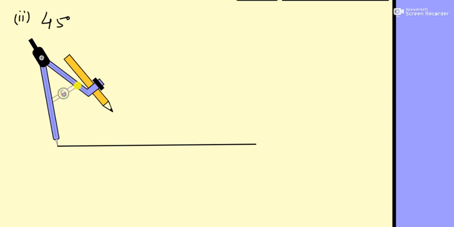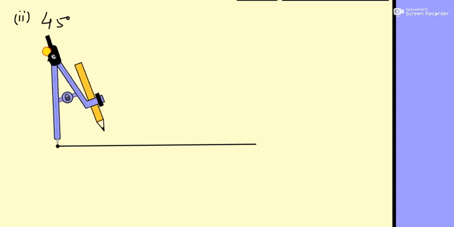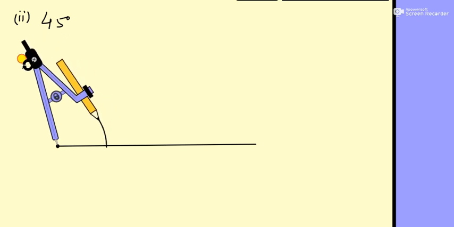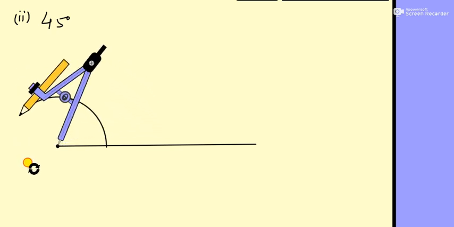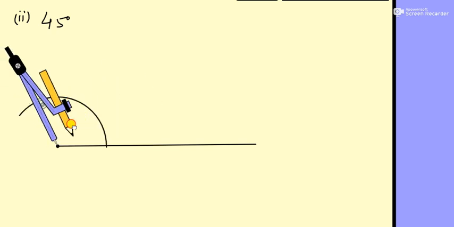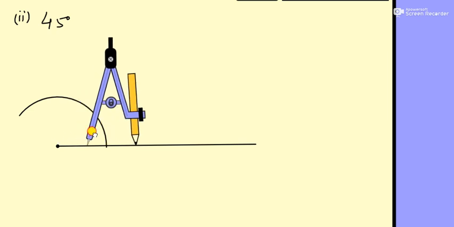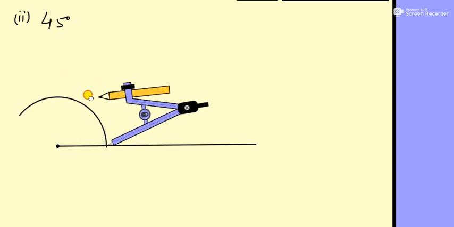Now keep a distance somewhat less, and make an arc like this. From here you can make an arc like this. Yes, so what will happen? The distance does not change, so you have to keep it here and make another arc like this.